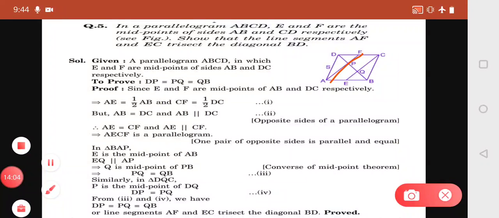Or we can write line segments AF and EC trisect the diagonal BD. Hence proved. As BD is divided into 3 equal parts, we say that line segments AF and EC, yes, you can see the line segments here, AF and EC, they are dividing the diagonal BD in 3 equal parts, that is trisecting the diagonal BD. Hence proved.